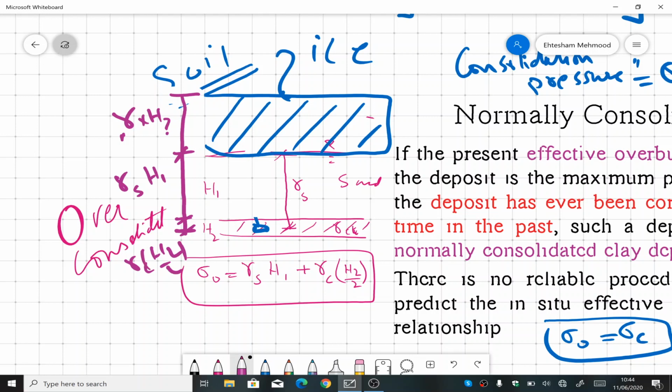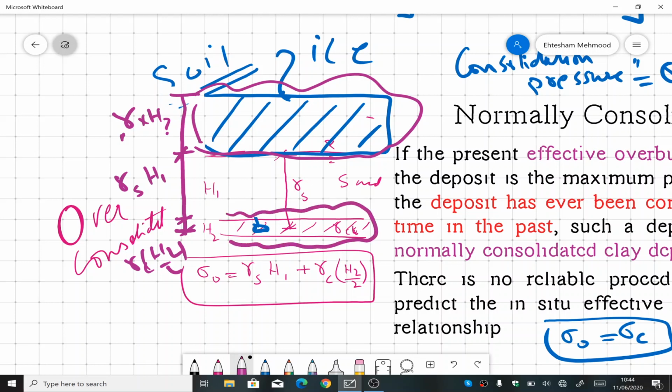So this would be the total load that was acting on the clay layer in the past when the blue load was there. Under this load that remained maybe for 10 years or 100 years, the clay of our interest has been consolidated or compressed.